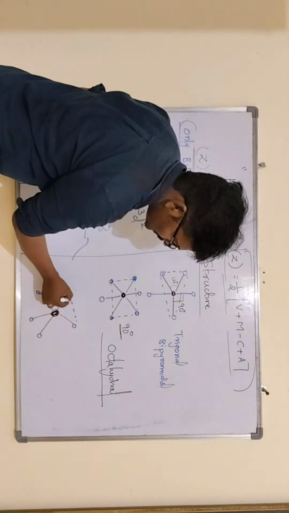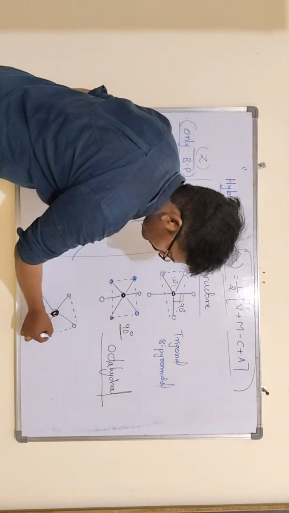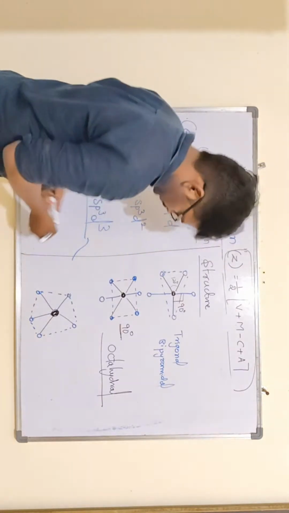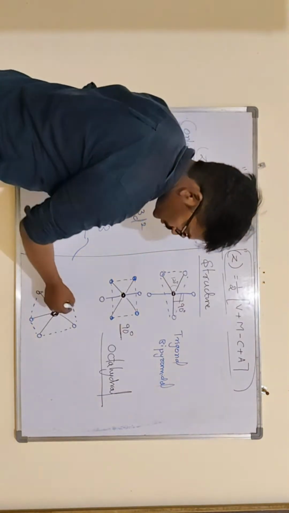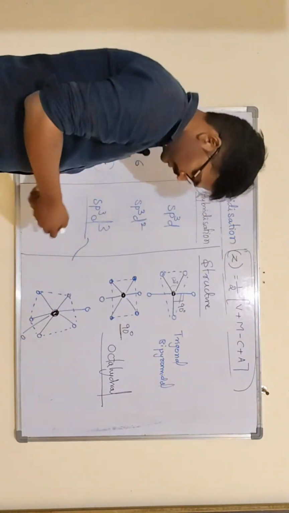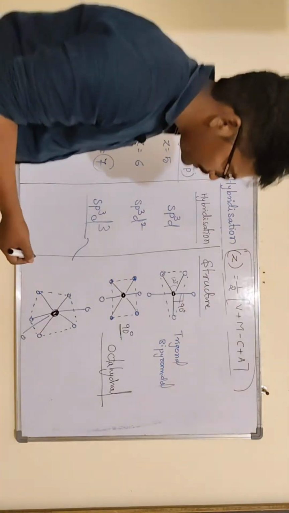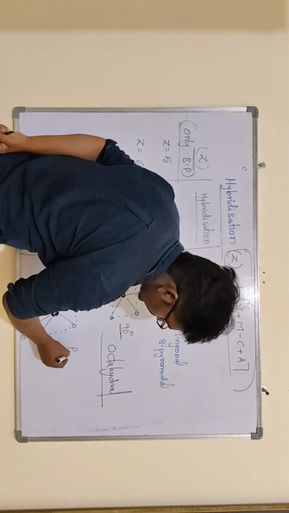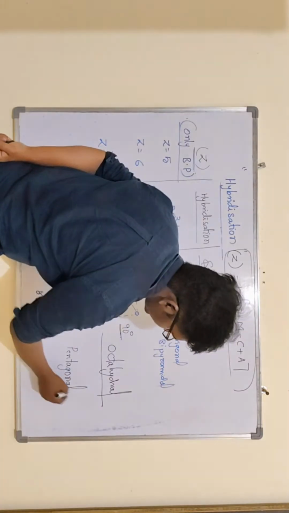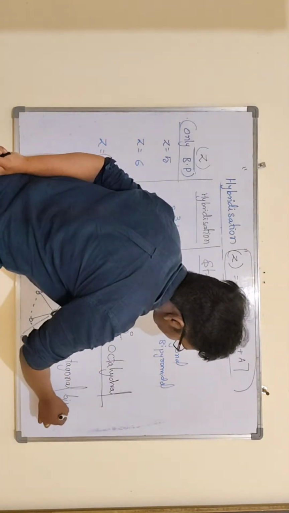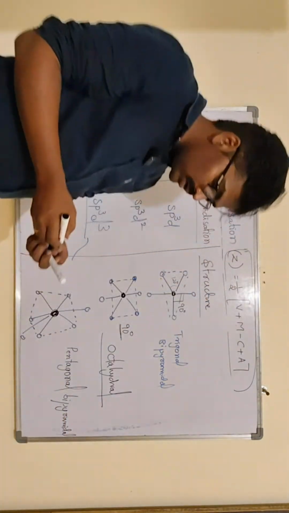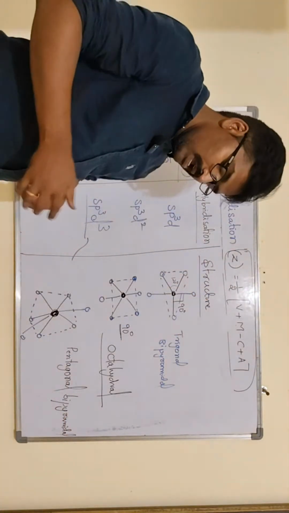This we call pentagon. Then the remaining two, above the plane is one and below the plane is one. That is what we are calling pentagonal bipyramidal.